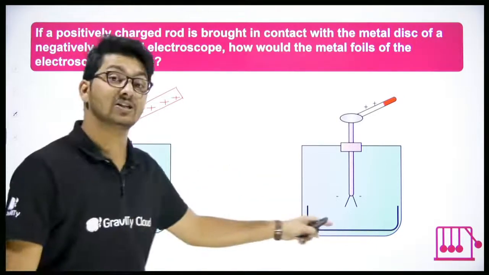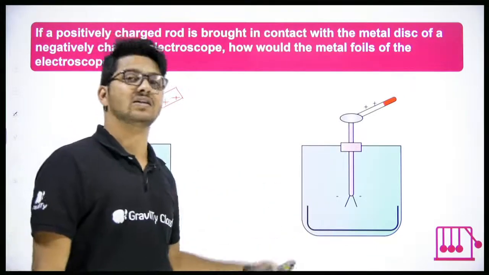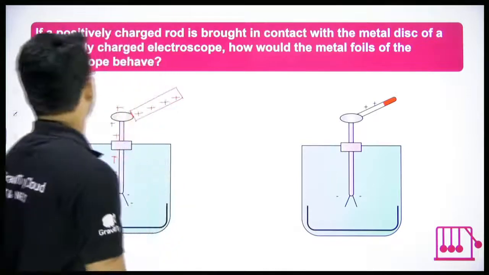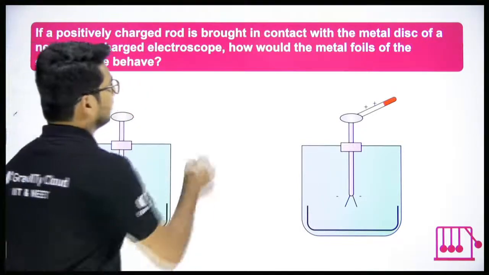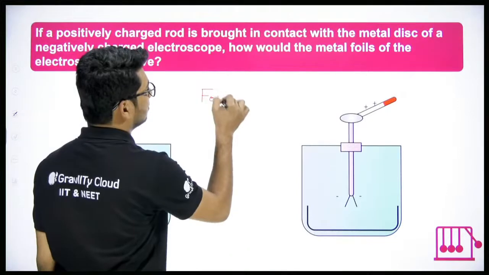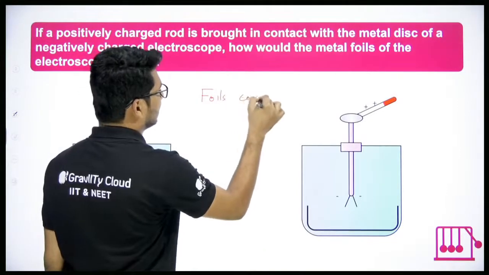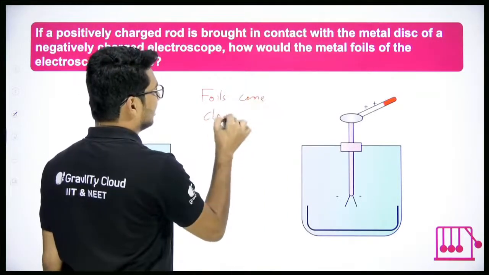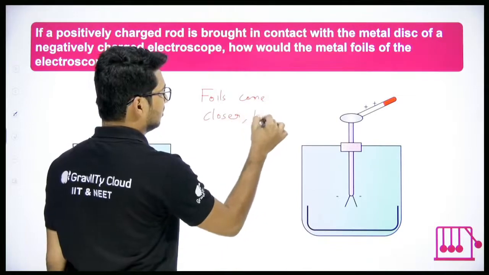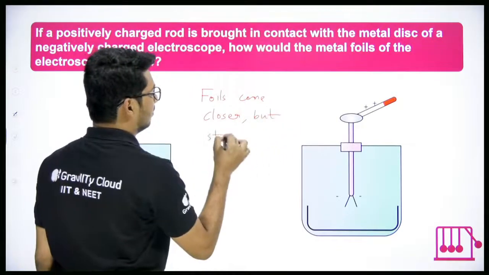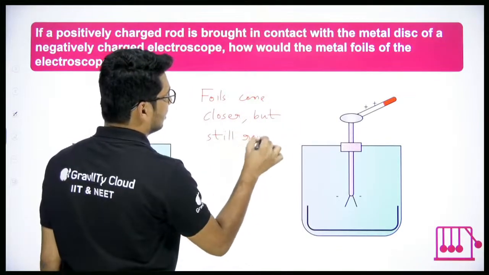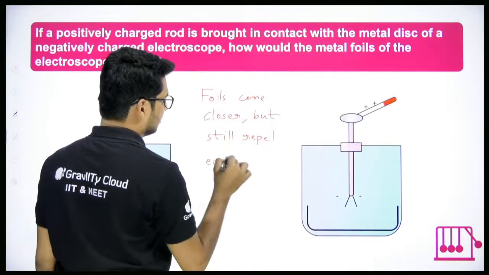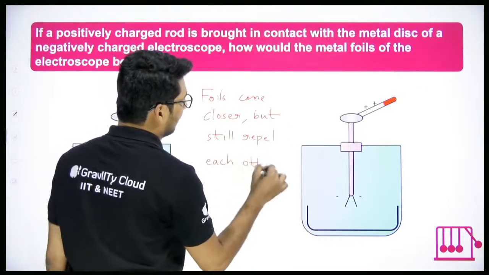They will be repelling each other, but they will be repelling less. You can say the foils come closer, but they still keep repelling each other. That's what happens in this case.